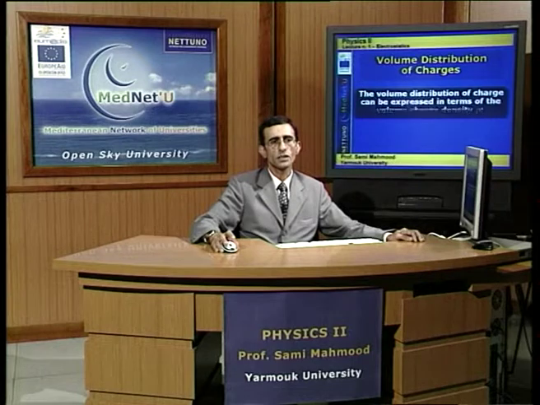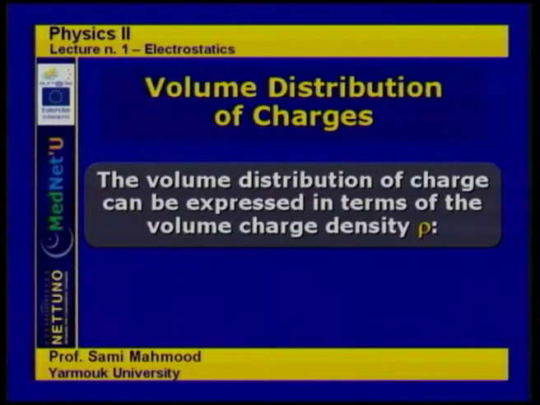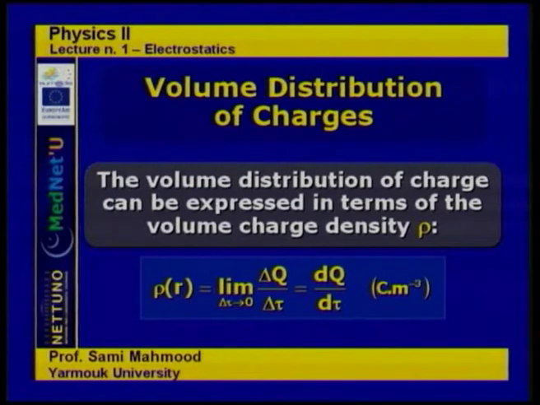The volume charge distribution, which is symbolized by the symbol rho, is simply defined as the quantity of charge delta Q in a volume delta tau divided by the volume delta tau. So delta Q over delta tau will give you the volume density of charge in that volume, but that will be an average volume density because the volume delta tau has some magnitude.